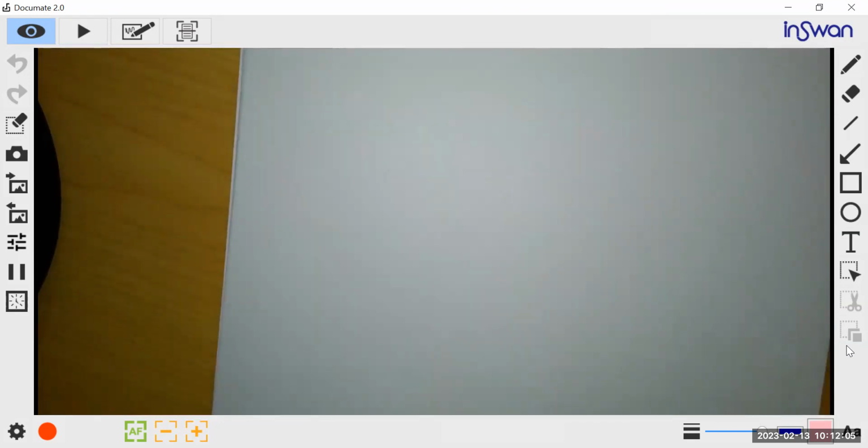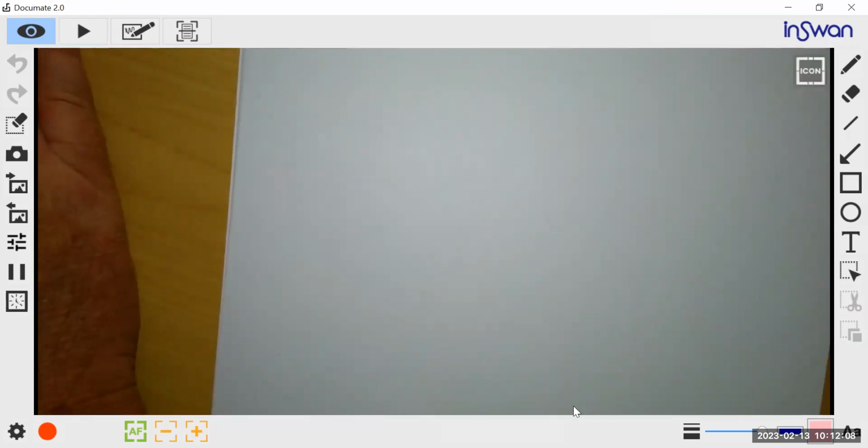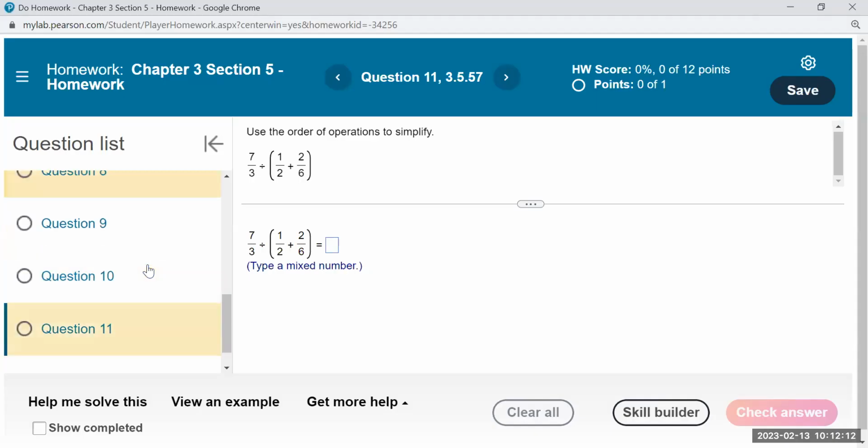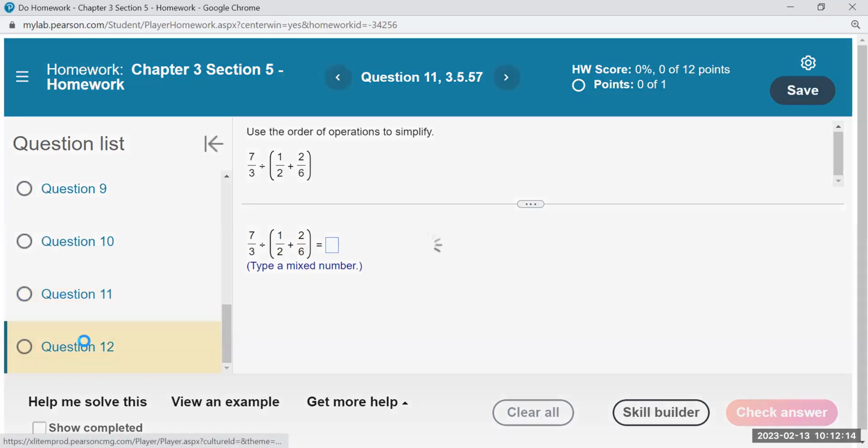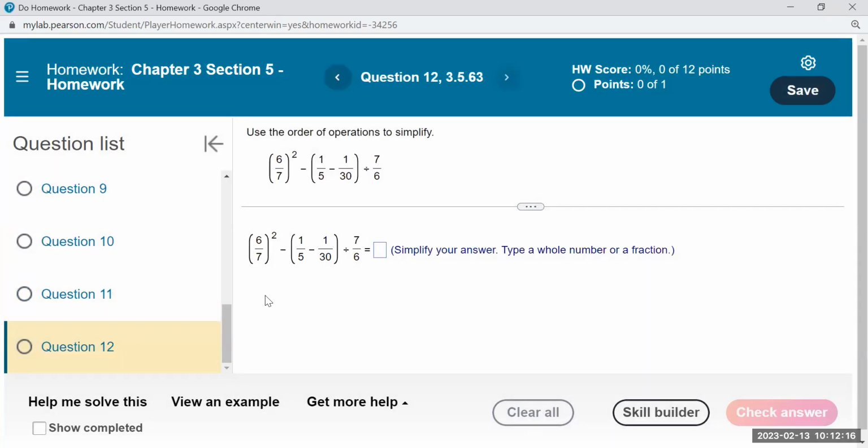All right, so let's look at number 12. Ooh, it's pretty big. All right. 6/7 squared. And that's a division.